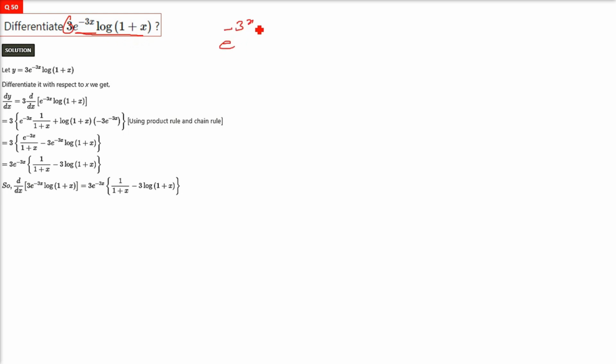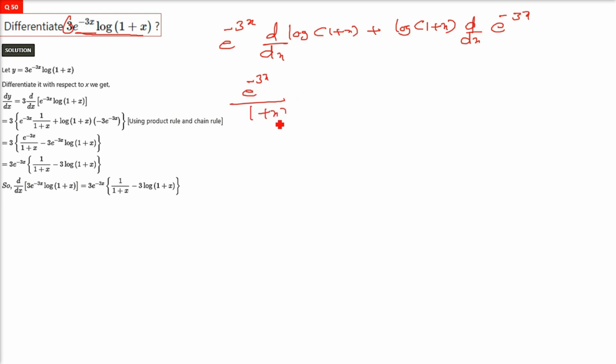E to the power minus 3x d by dx of log 1 plus x, I am applying the product rule, and then plus log 1 plus x and differentiation d by dx of e to the power minus 3x. Differentiation of log theta will be 1 by theta, so 1 plus x will be in the denominator. 1 plus x, the differentiation will be only 1.